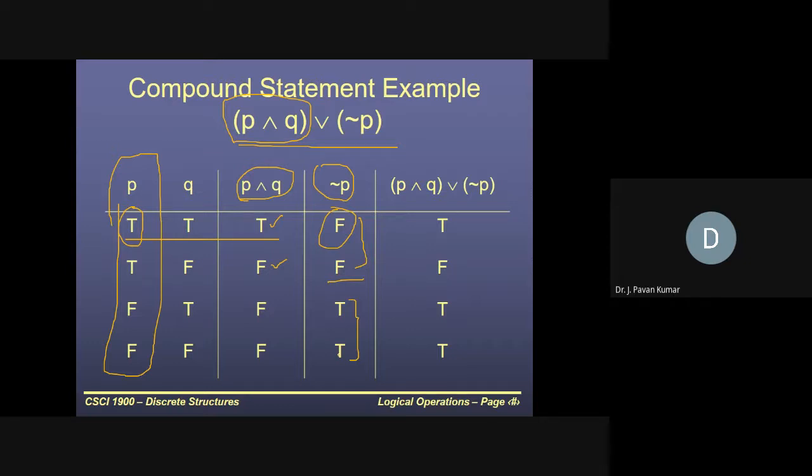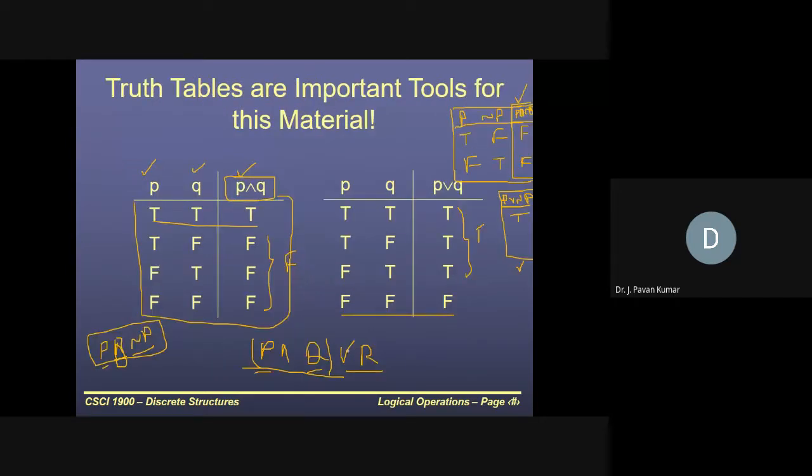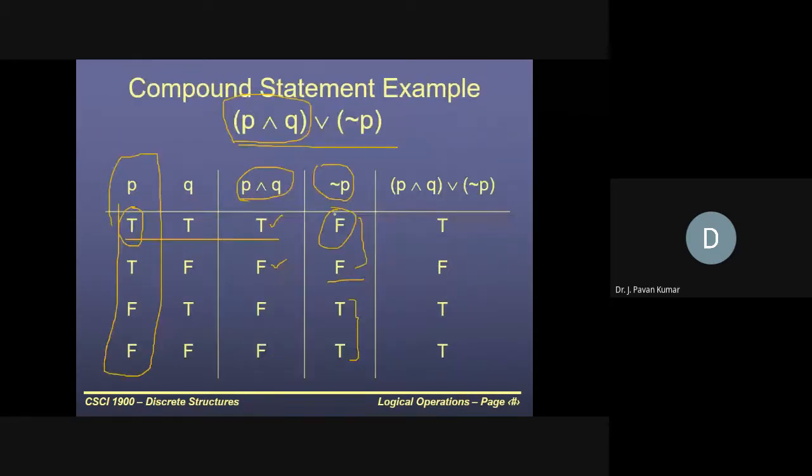In general, for P and negation P earlier, how many entries did we consider? Only two entries. But here we have four entries because P and Q contains four entries, and now we have to perform P and Q or negation P. While considering this operation, whatever P we considered in the first P and Q, the negation of that P only we have to consider.